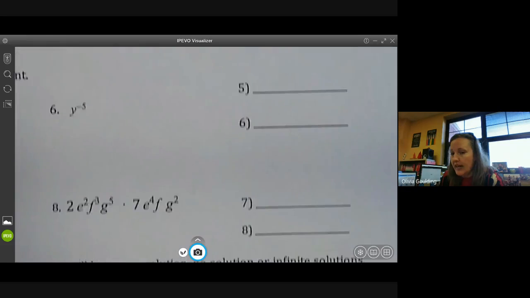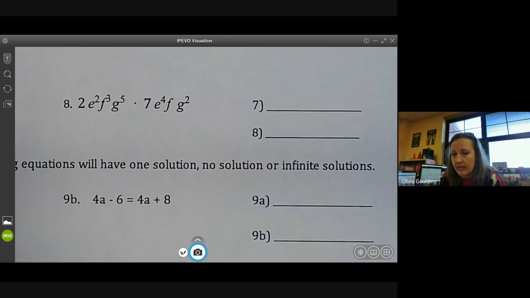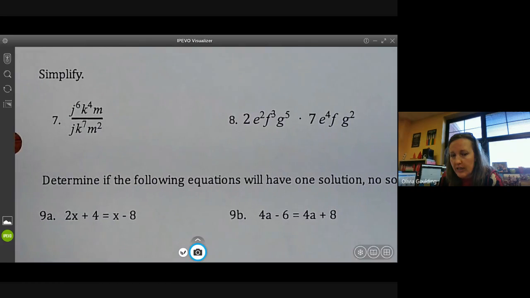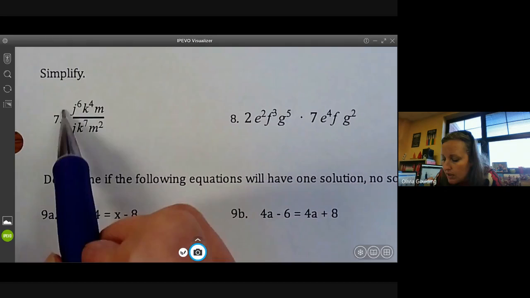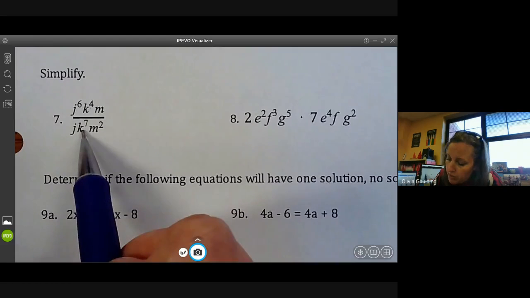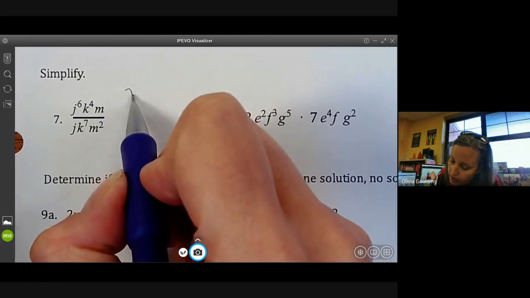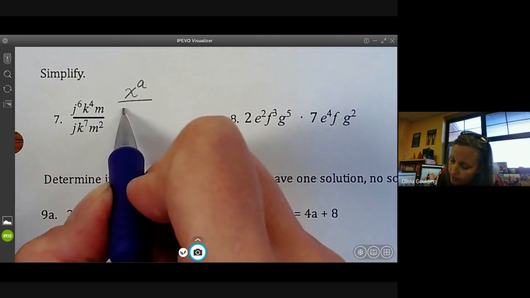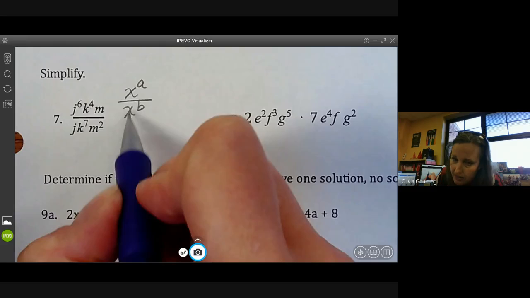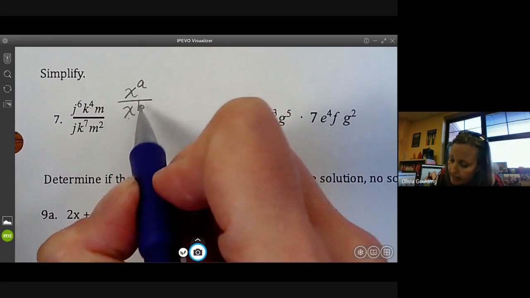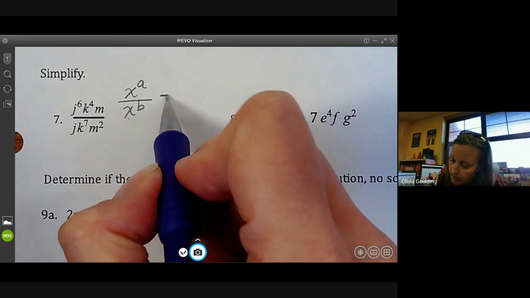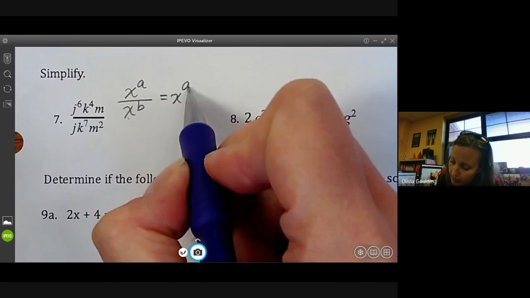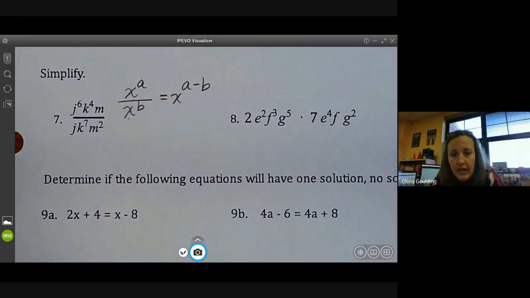All right, so the next one we're going to look at is number 7. Okay, I'm going to zoom out over here just a little bit. So for number 7, this is going back to these monomials here. Monomial divided by a monomial. So we remember the division rule for monomials is if I have x to the a over x to the b, in other words, the bases are the same, then I take the exponents and I subtract them, but it must be the numerator one minus the one in the denominator.